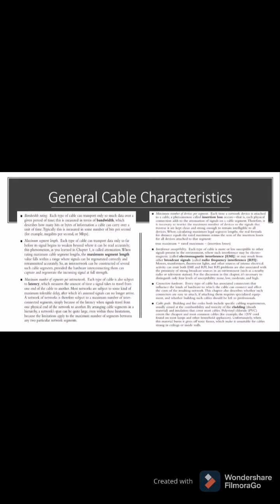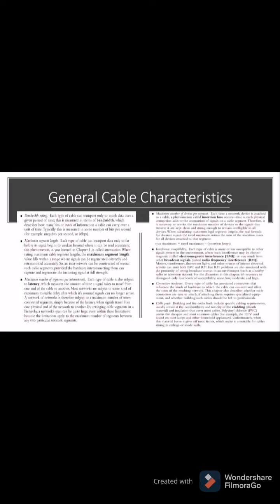Interference susceptibility. Each type of cable is more or less susceptible to other signals present in the environment, where such interference may be electromagnetic, called electromagnetic interference or EMI, or may result from other broadcast signals, called radio frequency interference or RFI.